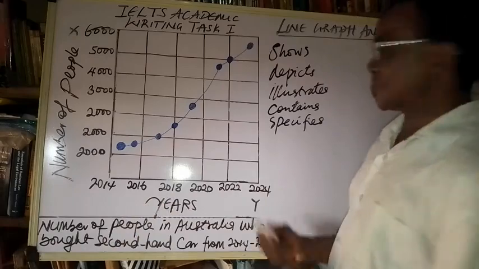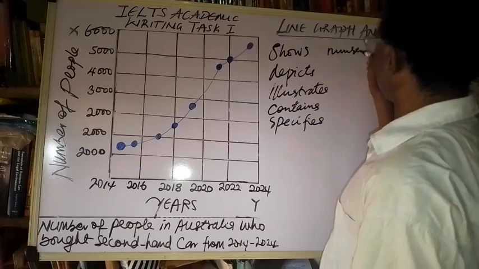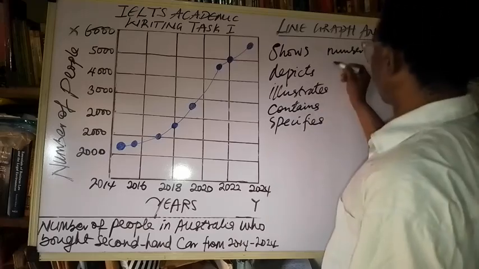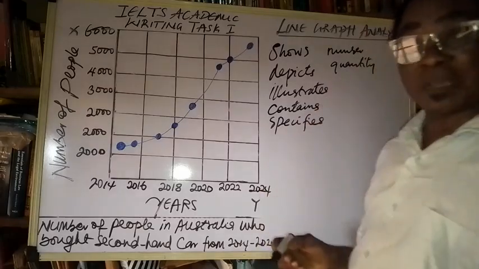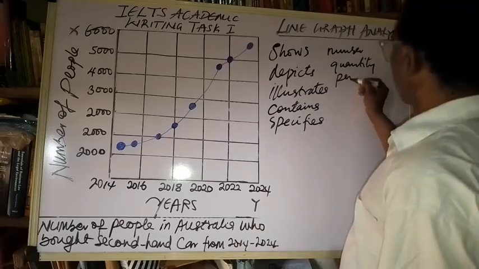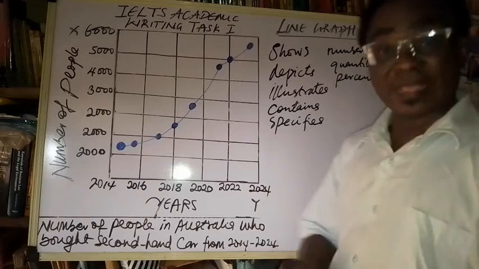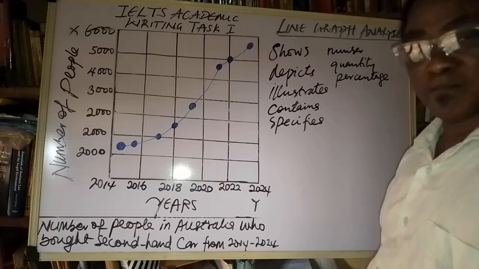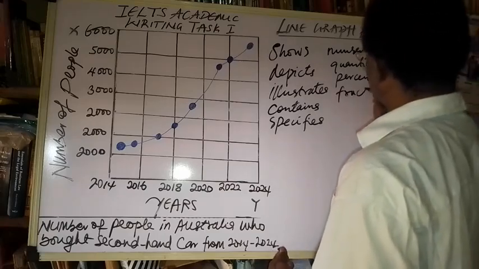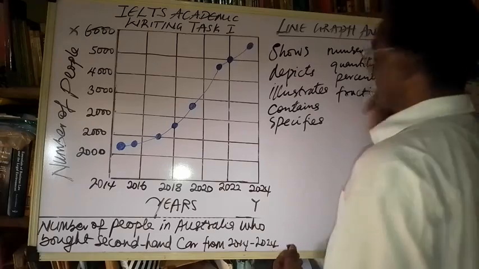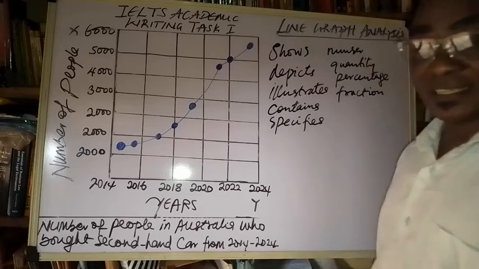What does the graph illustrate? We say it shows the number. Number can also be quantity, number of something, or does it illustrate the percentage of a given value, or does it depict the fraction of a given number, a given value, a given percentage?